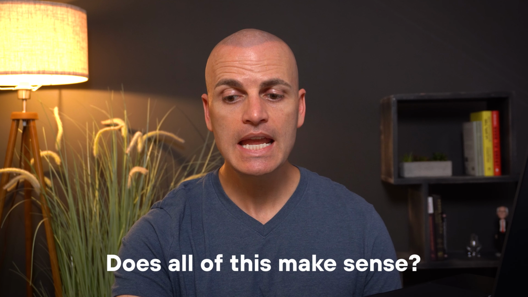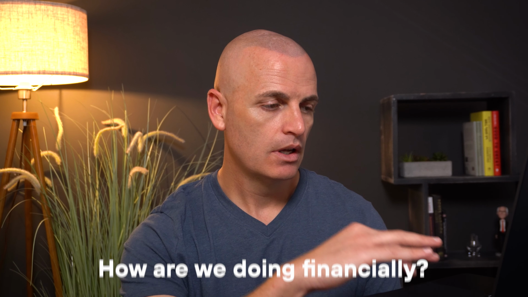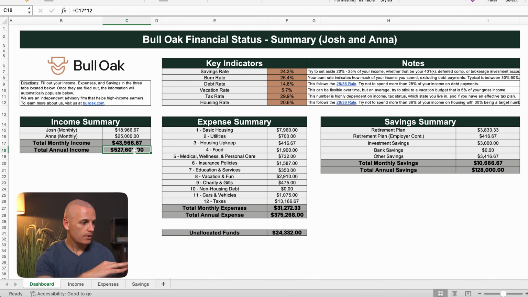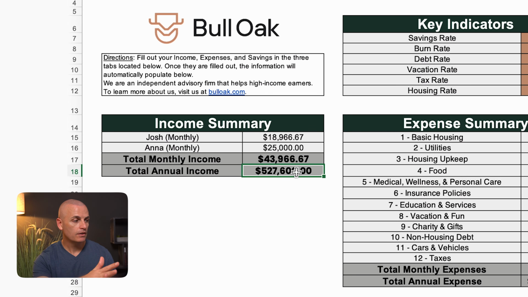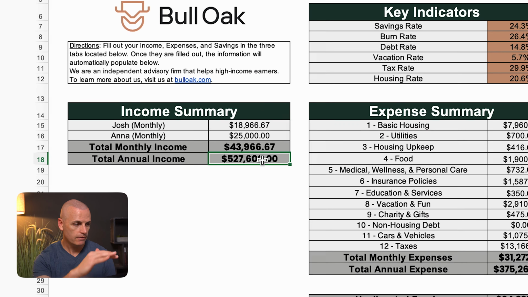Okay, so now that we've done the hard part of filling out our income, our expenses, and our savings number, now we can take a look and see, does all of this make sense and how are we doing financially? So as a recap, they are making $527,000 per year.